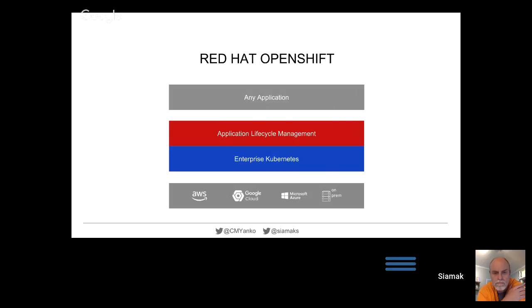With OpenShift, we try to address the operational aspect of running Kubernetes on one side, and on the other side add some application lifecycle management around it to make it easy for developers to use Kubernetes for building and deploying applications. We're going to see some of that today. It's Kubernetes, so it can run on any infrastructure, of course. What we're going to look at today is an OpenShift instance running on Amazon, and you can deploy any application on top of that. Today, we're going to use a Spring Boot application.